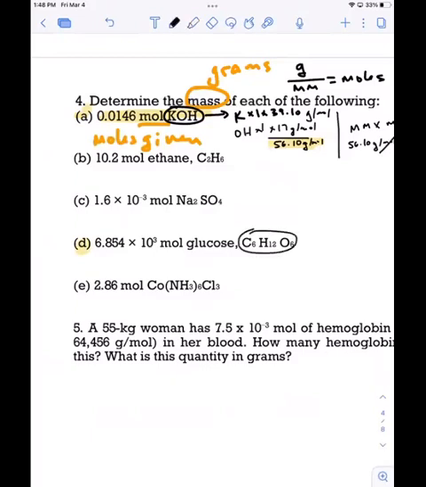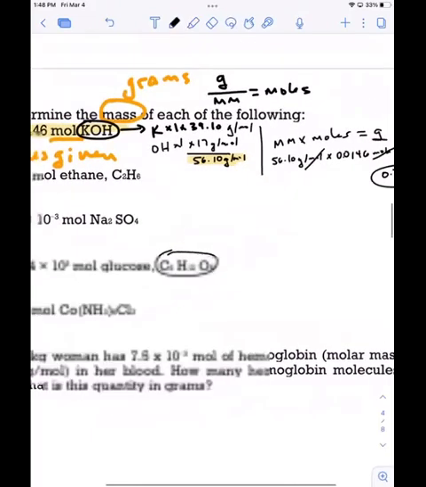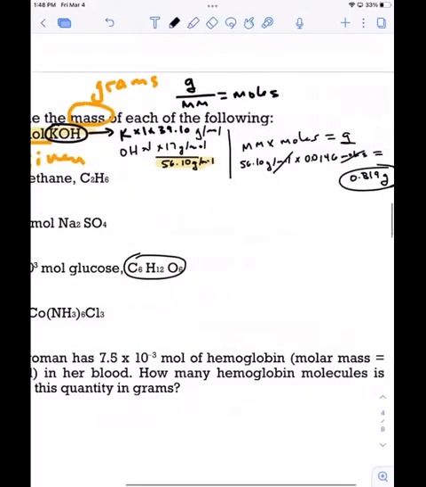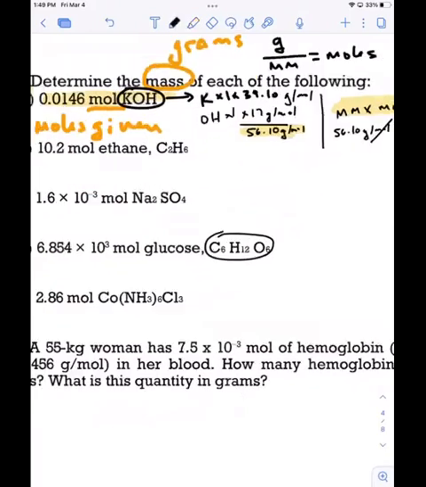Same type of problem, and it's asking for the mass in grams. If you're given moles and you're given a molecular formula, then you can find the mass, because right here we just manipulated that relationship. Molar mass times moles equals grams. So what are we missing here? What do we need to find?